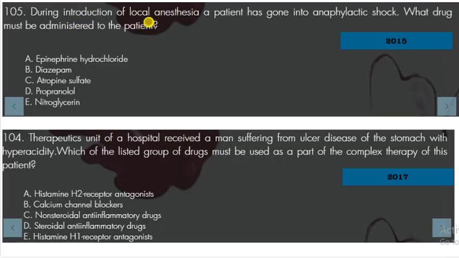Okay, and a question. During introduction of local anesthesia, the patient goes into anaphylactic shock. What drug to administer?